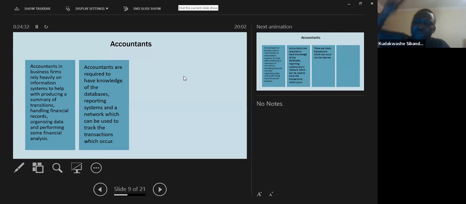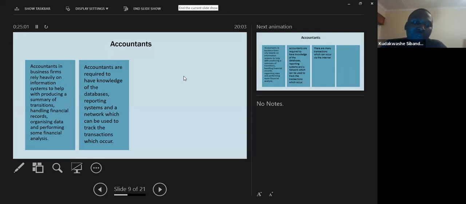The company bought this, the company bought that, the invoices and the expenses and so forth. You need to keep a record of that. That information will be done daily and frequently. You can't store it in a very small folder or file. You need a database, right? So they must have knowledge of the database reporting system that they will be using with that information management system, right?